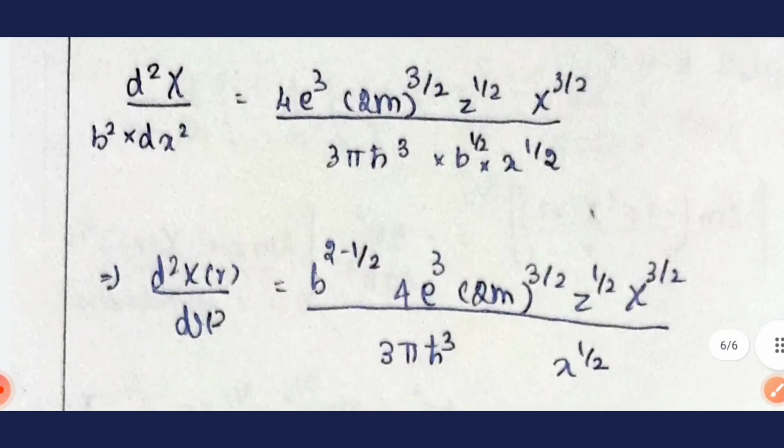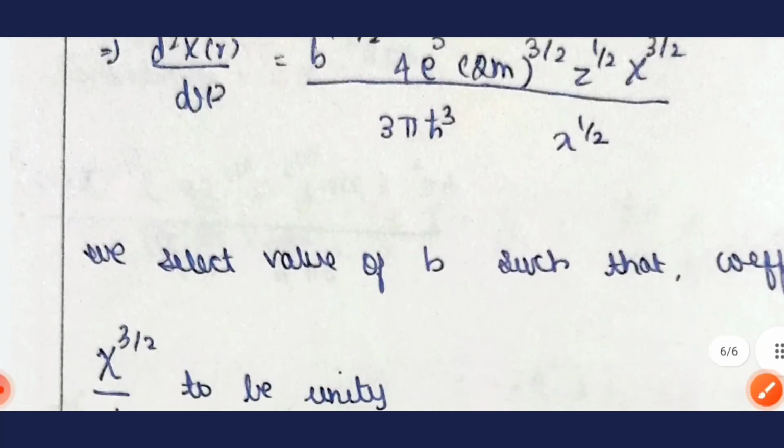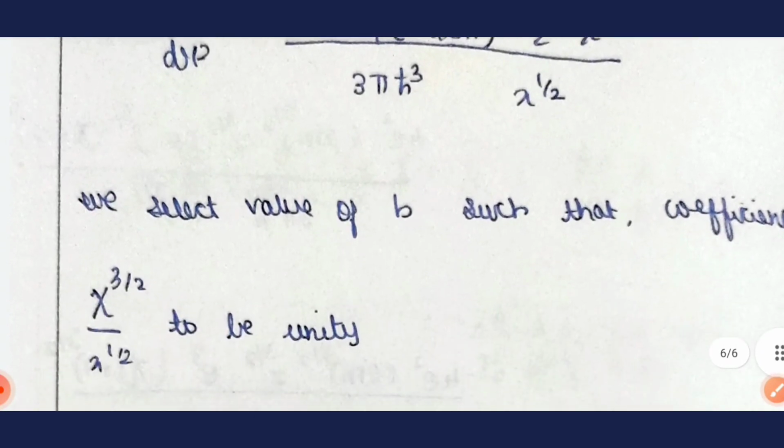On simplifying, this b square goes to the right hand side, so it will go to the numerator, and there is also a b power 1 by 2 in the denominator. If it comes to the numerator, we will get this term b power 2 minus 1 by 2, which is nothing but b power 3 by 2.